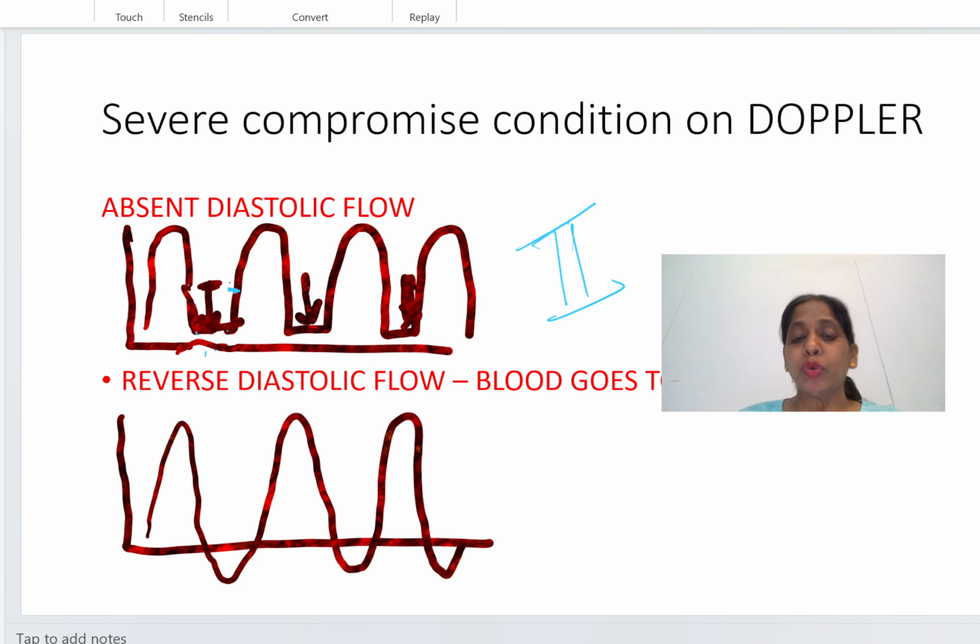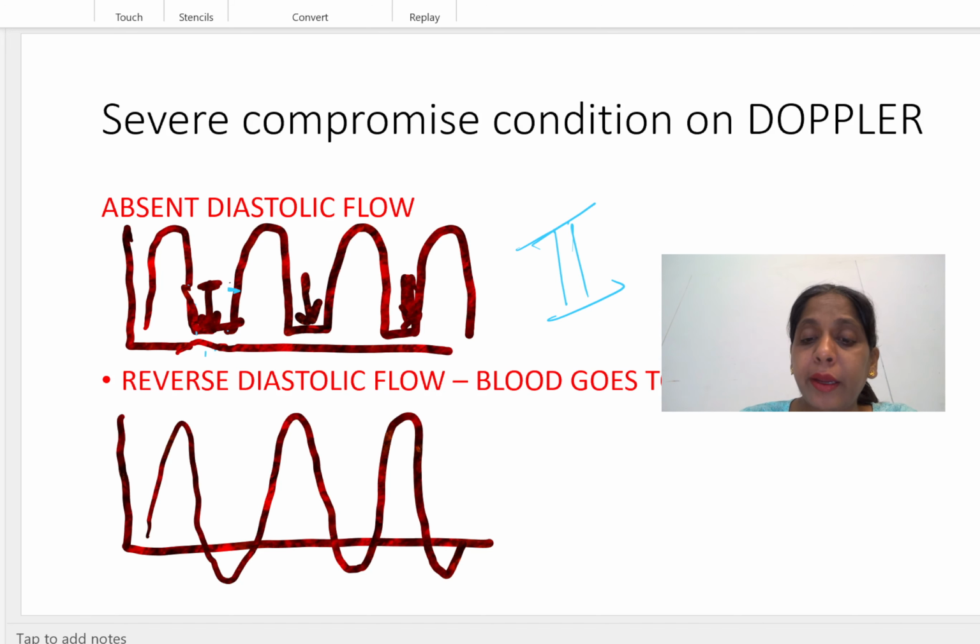So there is no flow in the diastole, and this is somewhat abnormal. If our BP is 120/0, it is abnormal. In the same way, this absent diastolic flow is very abnormal.